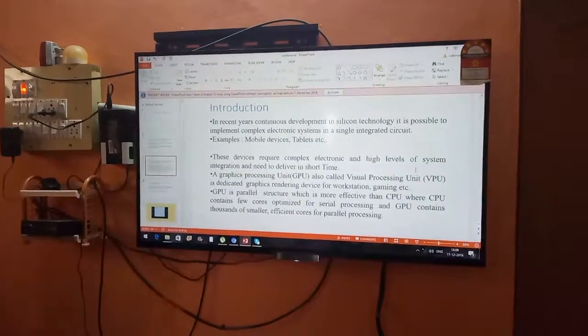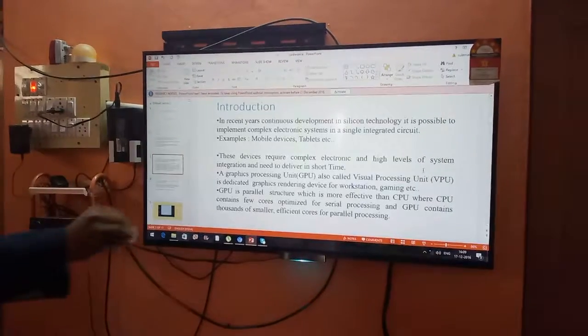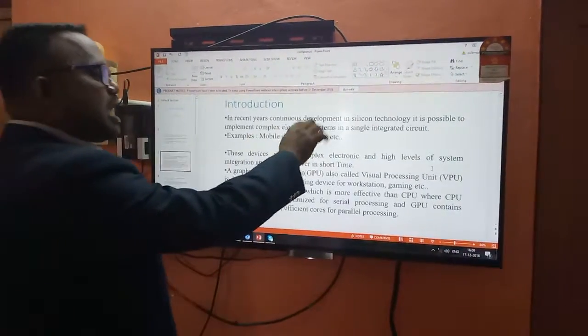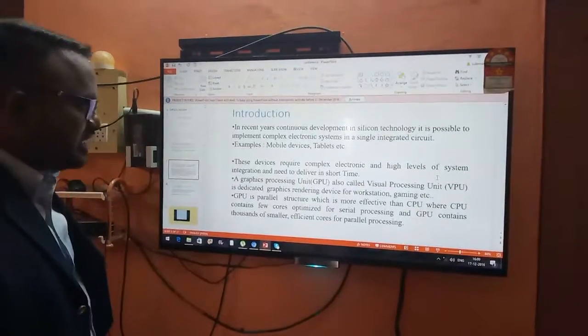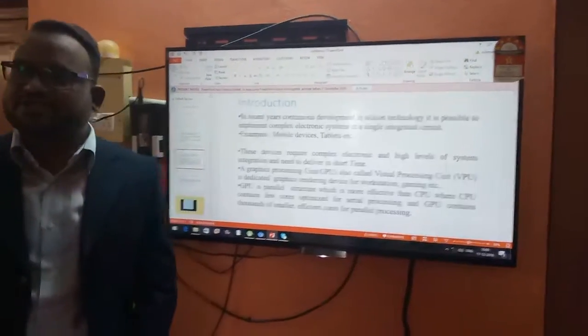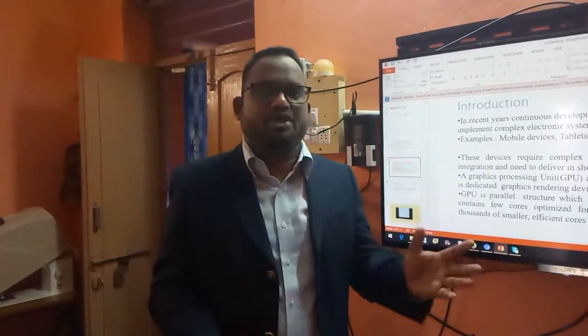In recent years, with continuous development in silicon technologies, it is possible to implement complex electronic systems in a single integrated circuit. That means, for example, one mobile system. Nowadays, in mobile, we can send mail, we can see video, we can take video, we can take pictures, and we can make calls.